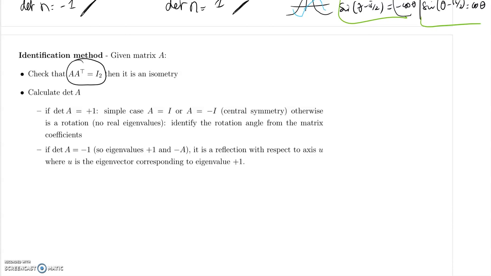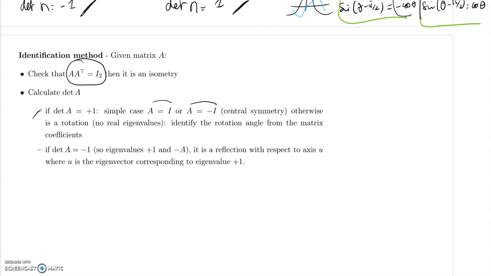You calculate the determinant of A. If it's +1, you've got a direct one, and the simple cases are when you've got the identity or minus the identity, which gives the central symmetry that we saw last time. Otherwise, it's a rotation, and we need to identify the axis of the rotation and the angle of this rotation.